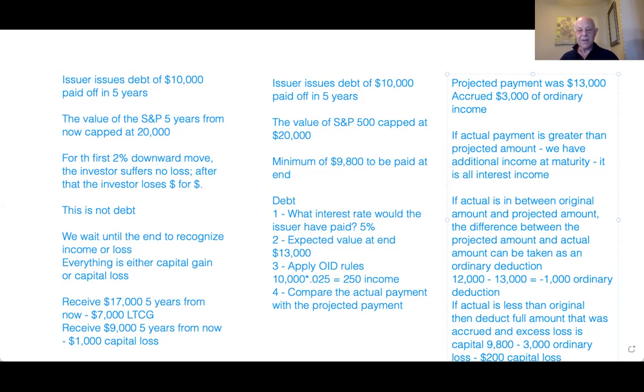And then finally, if the amount that we receive is less than the amount we originally gave, we get to deduct everything we've accrued over the life of the note, and then we take the additional shortfall as a capital loss. So that's the way the rules work with respect to contingent debt. So let me go back to the PowerPoint.